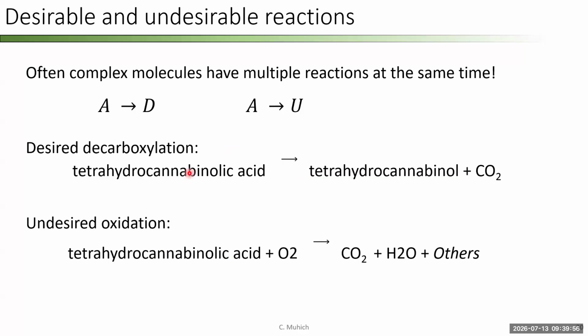But we want to open up whatever container is containing this THCA to release the CO2 to drive this reaction forward. And when we do that release, we of course let air in, and so we're exposing the THCA to oxygen. Right? So we have this trade-off which is occurring.